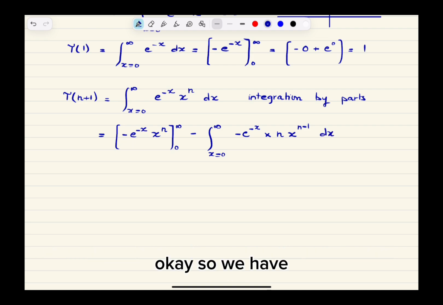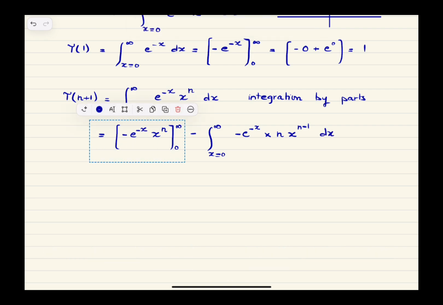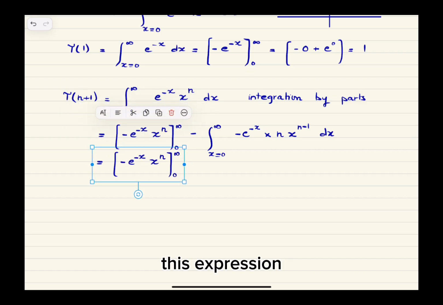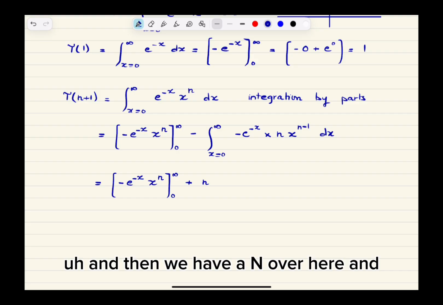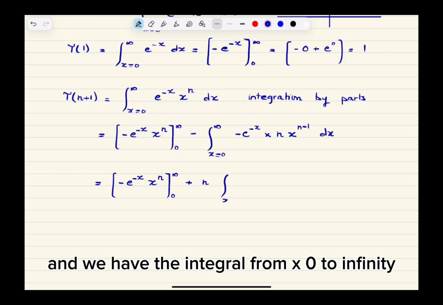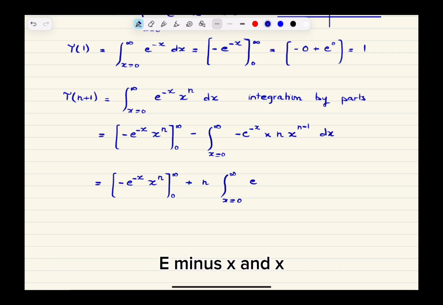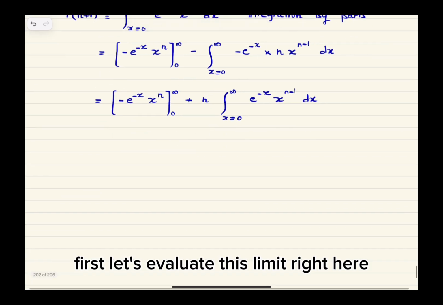Okay, so we have this expression, and then we have a plus n over here, and we have the integral from x = 0 to infinity of e^(-x) x^(n-1) dx.